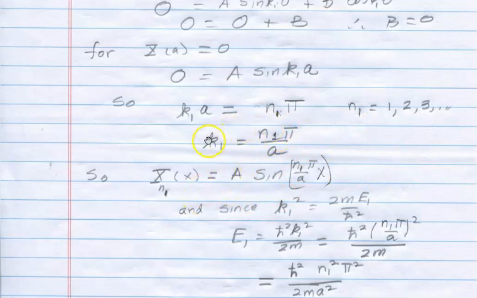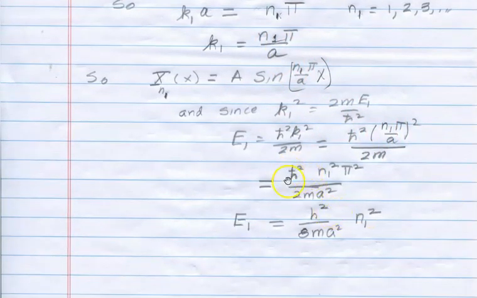Once I've got k1, I can also get the energy, because remember, k1 squared is 2m E1 over h bar squared, and one can rearrange that to this. Plug in the k1 in here. The k1 is n1 pi over a, and then simplify.